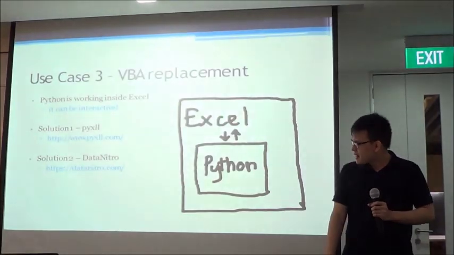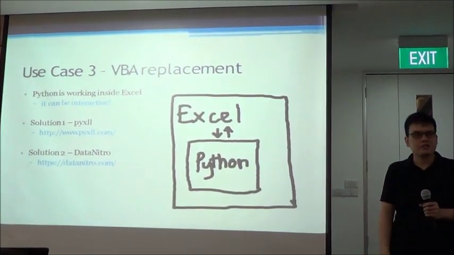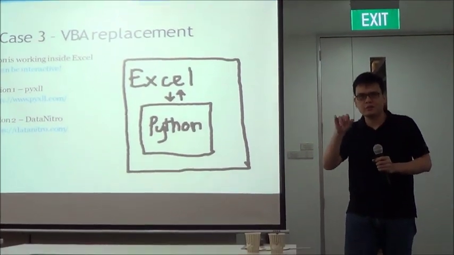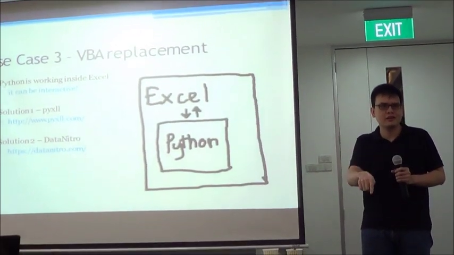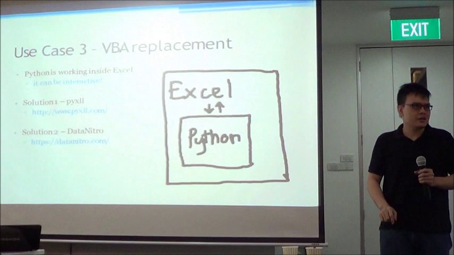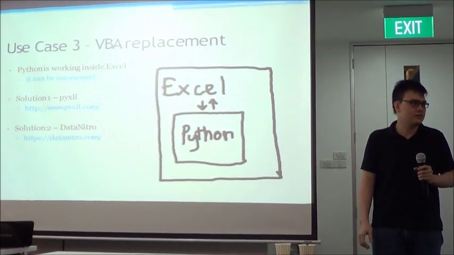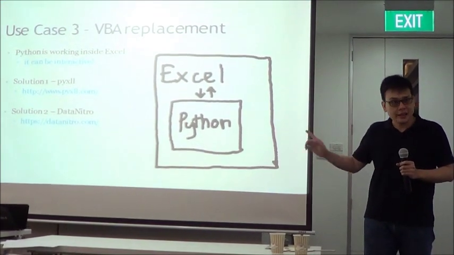So instead, probably you might be interested in the third use case, as a Visual Basic replacement. So instead of trying to manipulate Excel from the outside, like asking Excel to go to this cell and place something there, use Python, embed it inside Excel, and access it as if it's a Visual Basic module. It can be interactive.